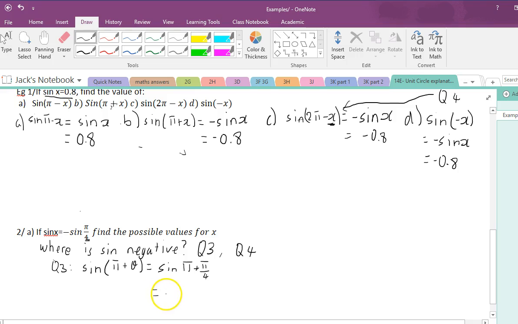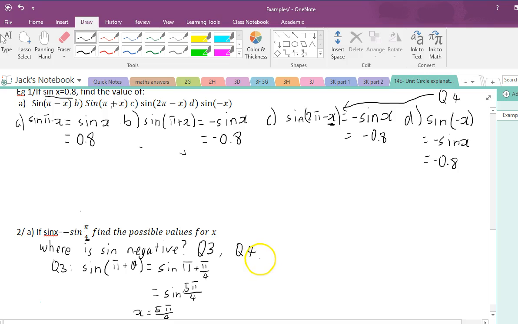Pi plus pi on 4 is sine of 5 pi on 4. So x could equal 5 pi on 4, okay? Because sine of 5 pi on 4 is the same as negative sine pi on 4, okay? So sine of 5 pi on 4 is just sine of pi plus pi on 4.